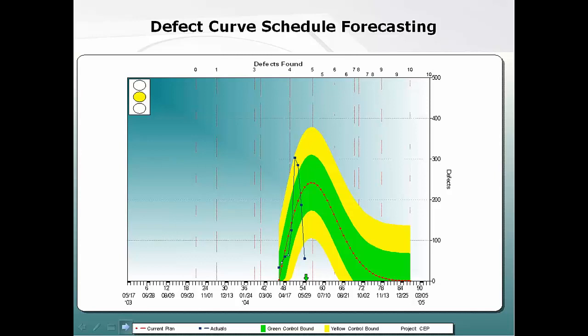You could plot them in terms of severity levels by category, which is what we do in our models, something called the Software Lifecycle Management Model, or SLIM, and then look at the proportion, the ratio of how many are critical, how many are moderate, how many are cosmetic or minor.